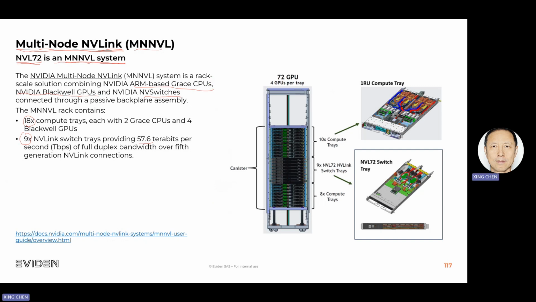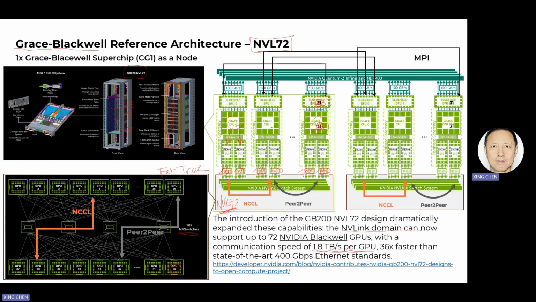I have listed all the possible solutions from Nvidia, and we can understand that right now, for these solutions targeting AI workloads, NVLink domains are becoming the mainstream solutions for this marketplace.